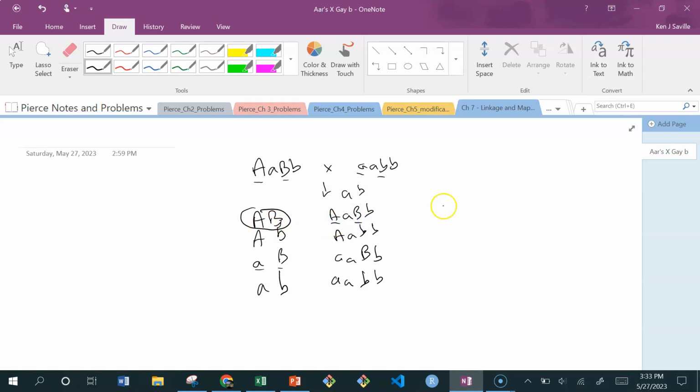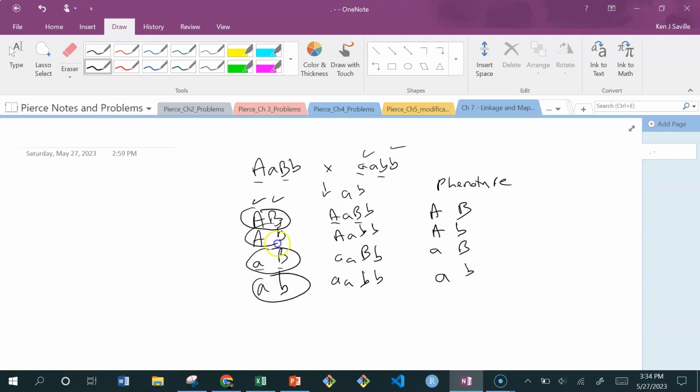And so that's that. If we generalized it, the phenotype would be the dominant phenotype for A and the dominant phenotype for B, which is all determined by whatever gametes we get from this parent. The gametes from this parent don't contribute to the phenotype, so we just use a shorthand to ignore it. Here we would say these are big A, little b phenotype, these are little a, big B phenotype, and these are little a, little b.